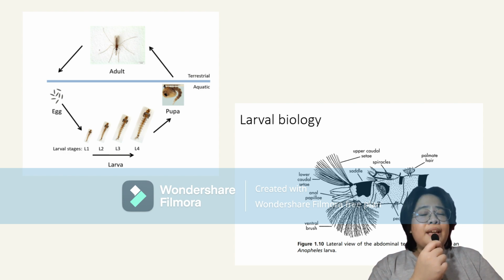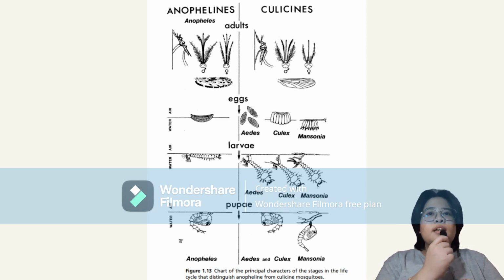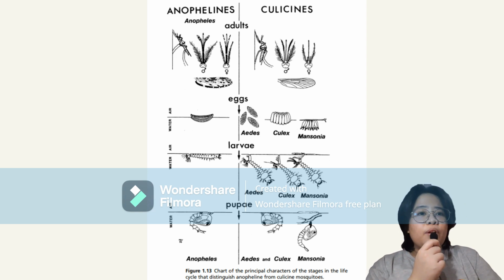It would take days or even weeks for them to hatch into an adult mosquito, depending on the environment's temperature. In a tropical region, it will usually take 2 to 3 days before it transforms into an adult mosquito. On the other hand, it will take 9 to 12 days in a cooler region before the pupal stage ends.